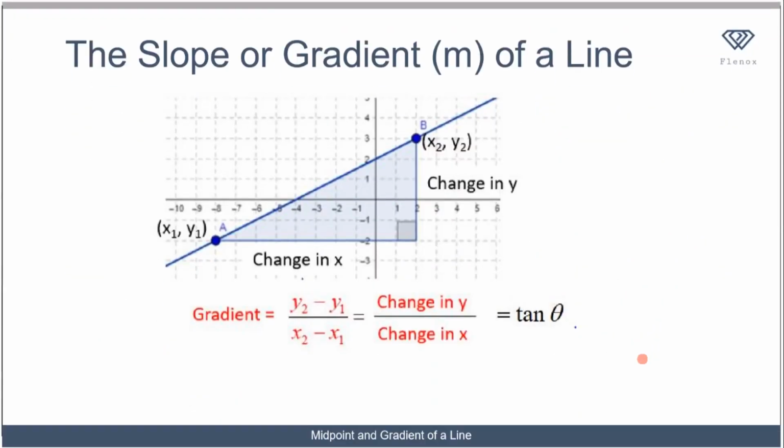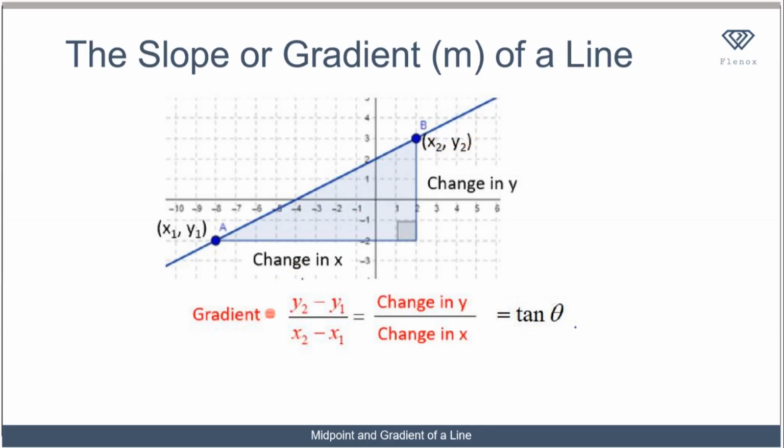So now let's talk about the slope or gradient of a line. The slope is also referred to as the gradient. So let's imagine I have a line AB, and I pick any 2 points on the line, A and B, and the coordinates of point A are given as x1, y1, and the coordinates of point B are given as x2, y2.